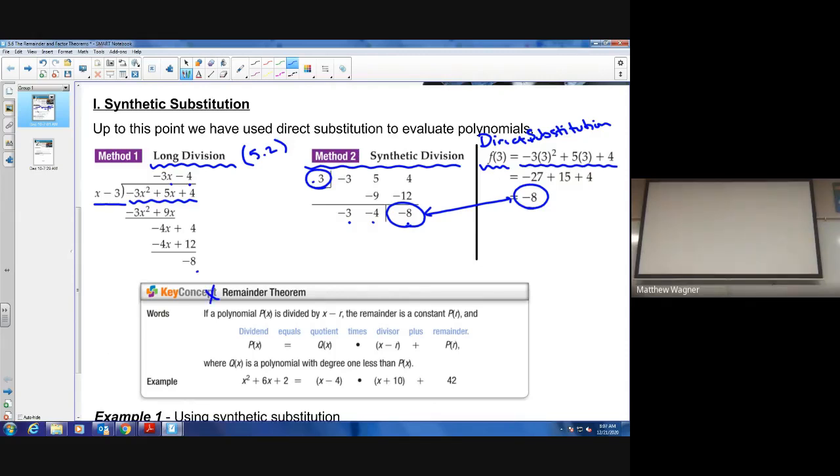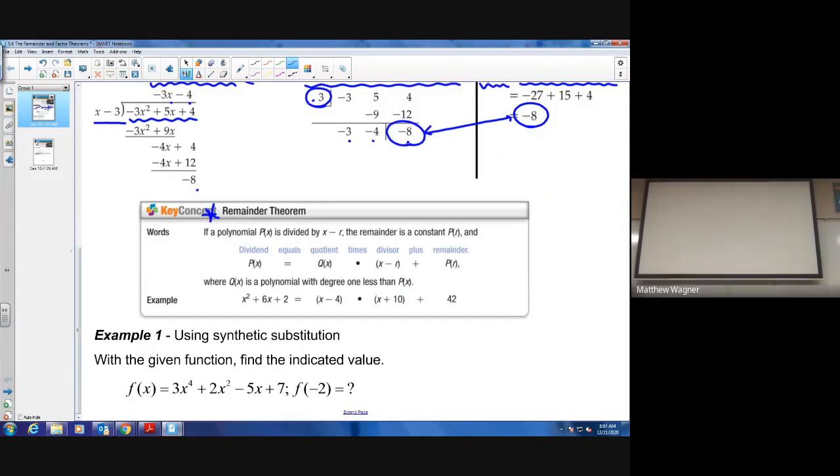And that brings us to the first key point of the day, which is the remainder theorem. The remainder theorem says that when we divide a polynomial by x minus r, the remainder we get, in this case it was -8, is the constant of our polynomial, which is essentially what our function equals at that value, all right?